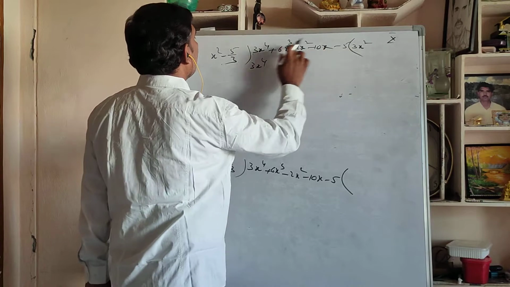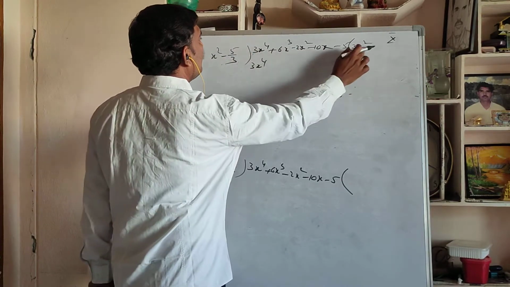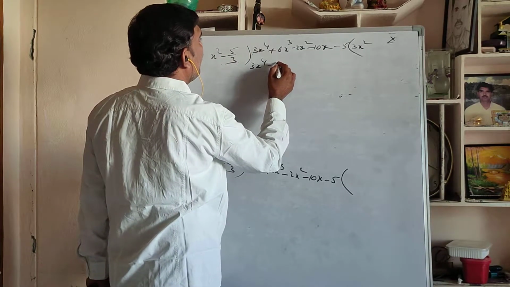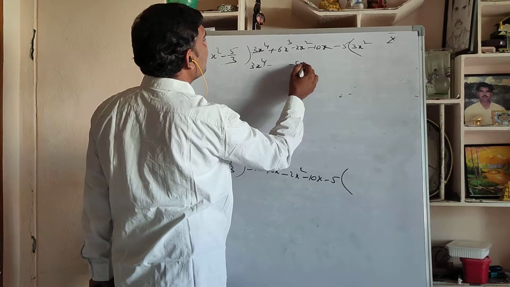These two you should multiply: minus 5 by 3 into 3x^2, so minus 5x^2 will come.